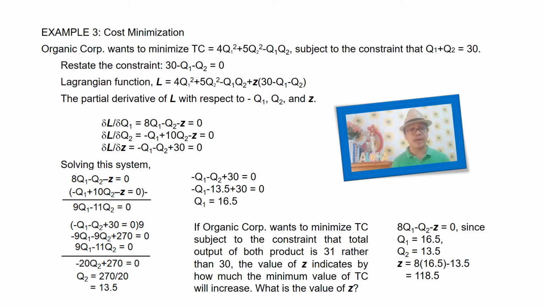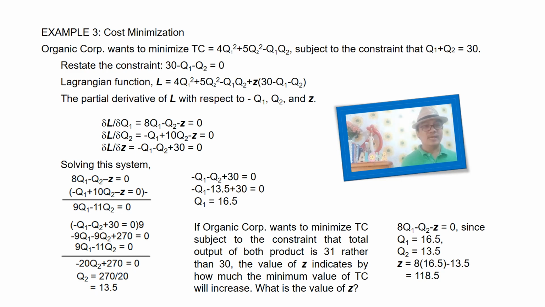To solve the constrained optimization problem, all we need to do is optimize the Lagrangian function. For example, in the case of Organic Corporation, we must find the values of Q1, Q2, and Z that minimize our Lagrangian function. To do this, we must find the partial derivative of the Lagrangian function with respect to each of these three variables, Q1, Q2, and Z.